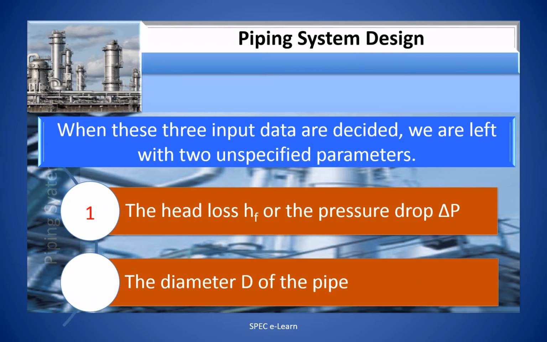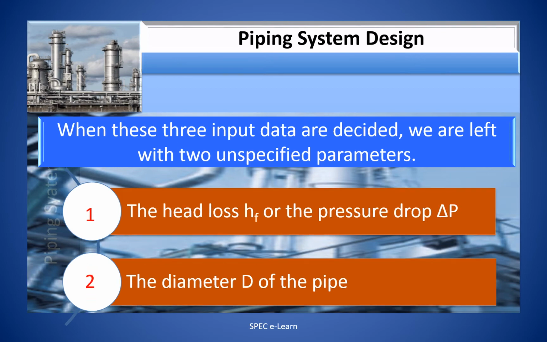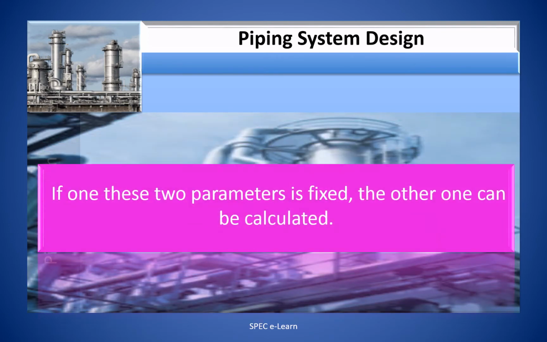One, the head loss HF or the pressure drop delta P. Two, the diameter D of the pipe. If one of these two parameters is fixed, the other one can be calculated.